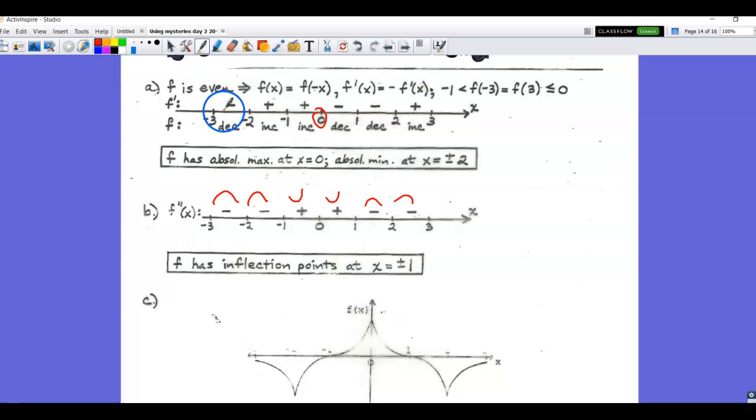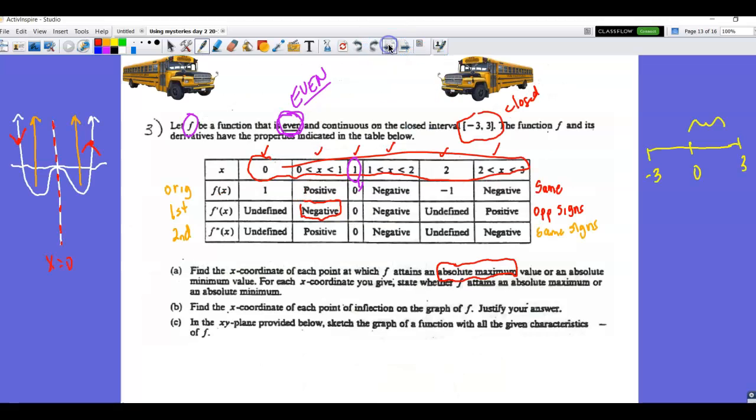And that means that the absolute minimums would occur at, even though that's a local minimum and a local minimum, since we don't go any lower than that on the graph, those would also have to be the absolute minimums. This one I don't think asked for a justification.